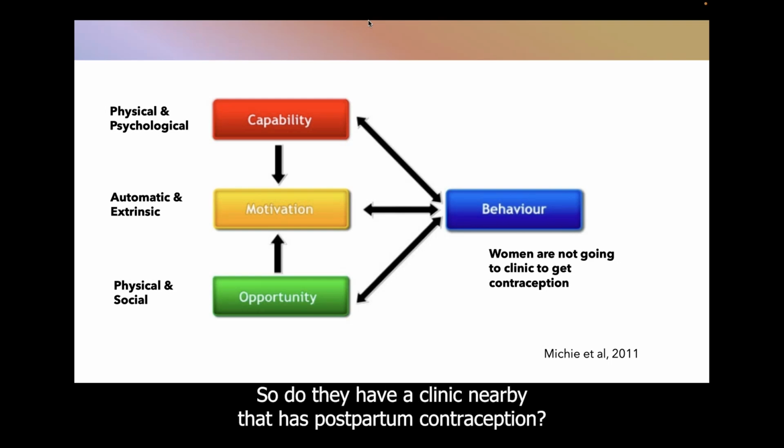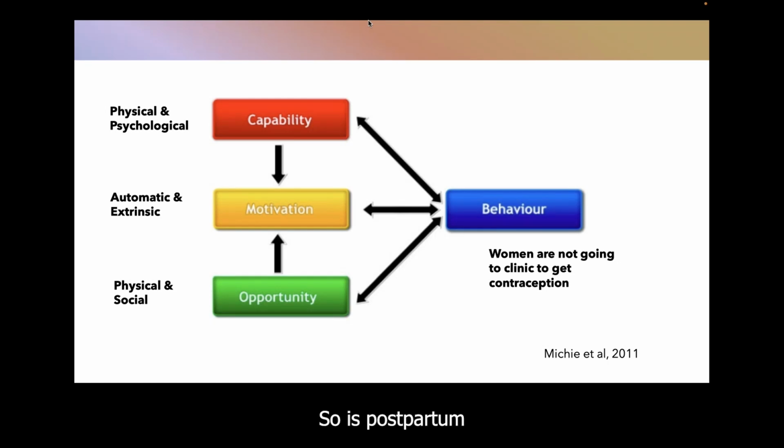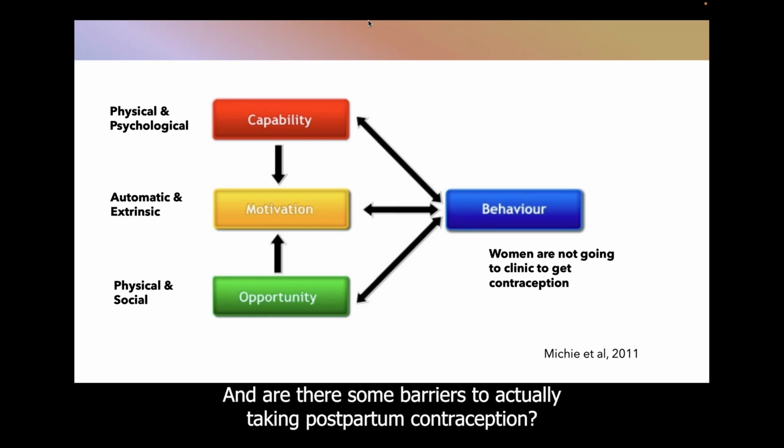Do they have a clinic nearby that has postpartum contraception, so the physical opportunity? Do they have the social opportunity? Is postpartum contraception socially acceptable for that community? And are there some barriers to actually taking postpartum contraception?